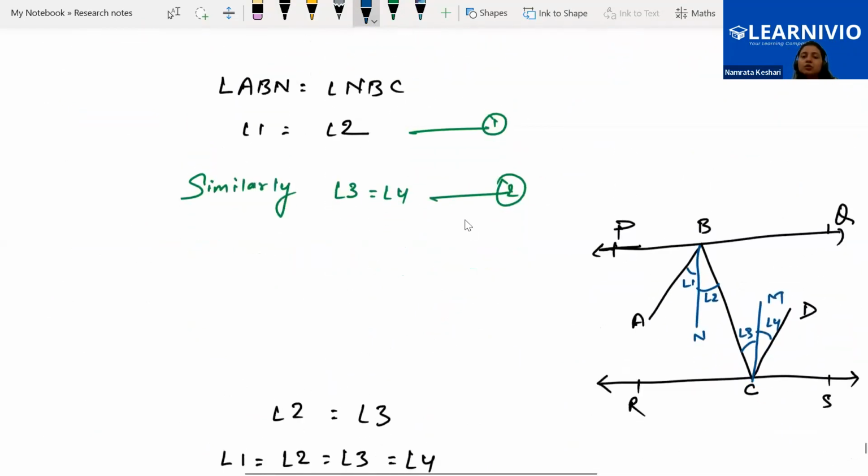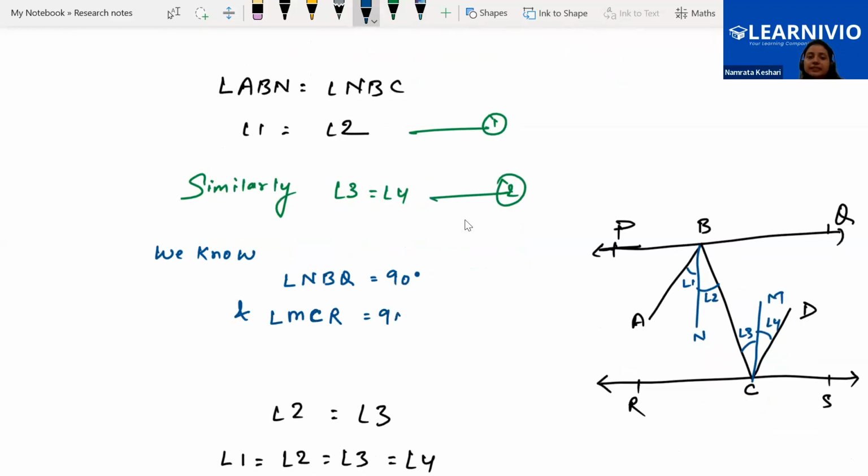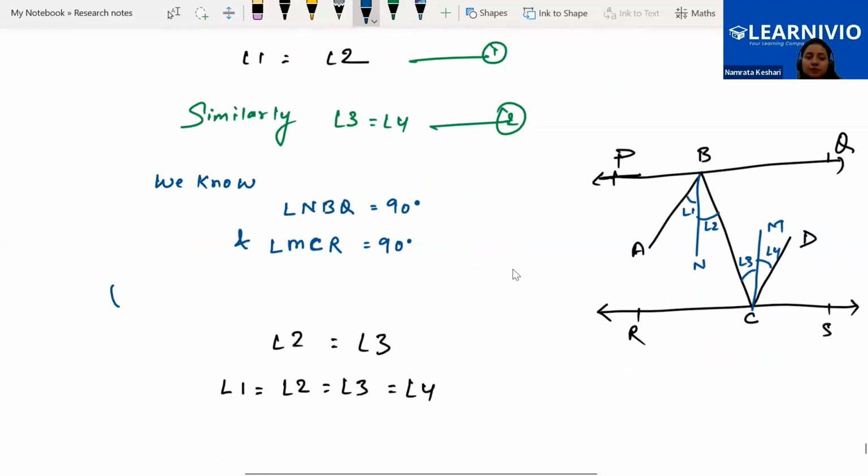So what we are going to say is that we know angle NBQ completely is 90 degrees, and angle MCR completely is 90 degrees. We also know that angle CBQ is equal to angle RCB.